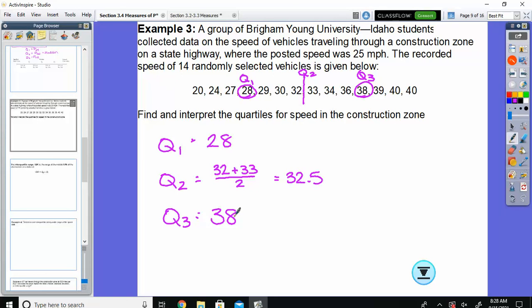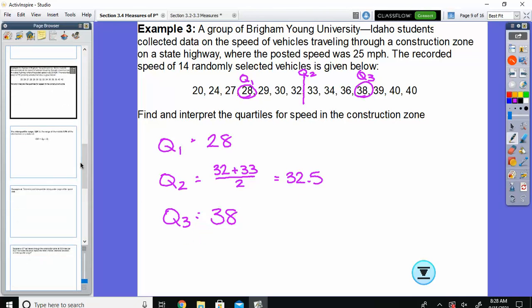These are further apart, so what that means is it's going to be skewed to the right. We're going to have more high values because those are more stretched out, that top percentile there. But again, we'll talk more about that when we start drawing our box and whiskers. I just thought I might mention it now.